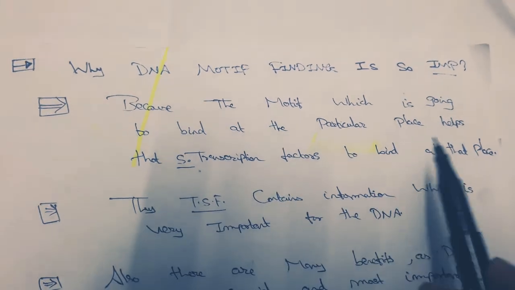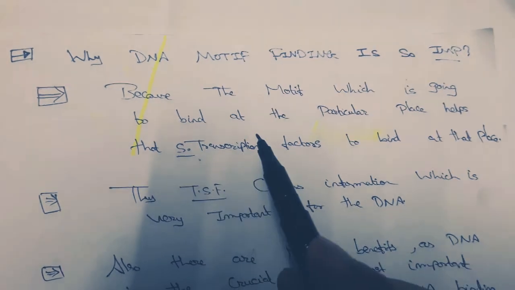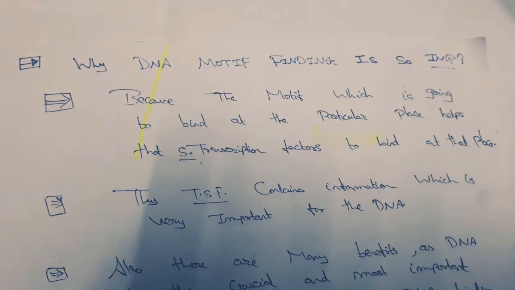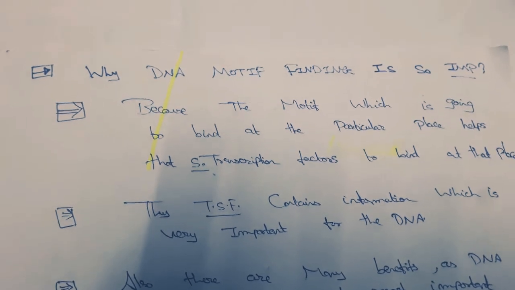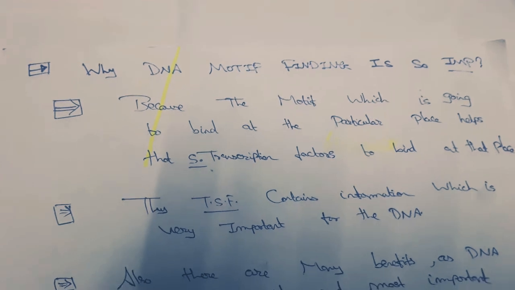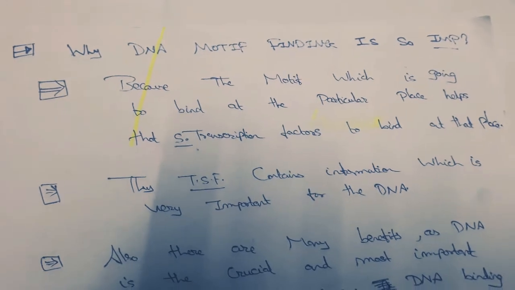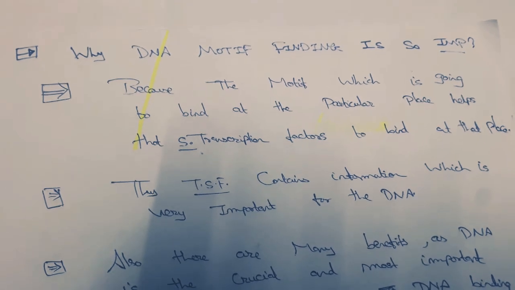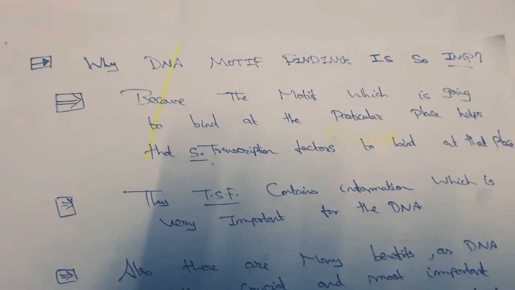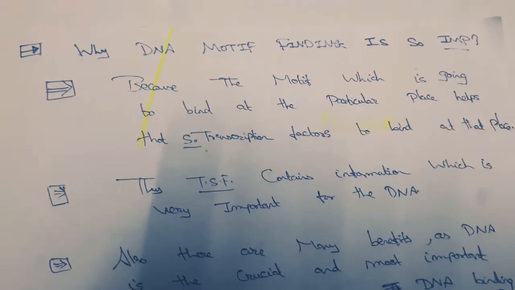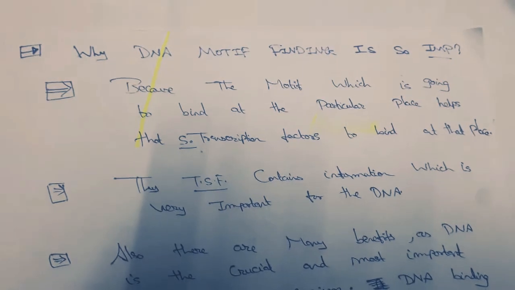The DNA motif binds at a particular place in DNA and helps special transcription factors to bind there. We all know that transcription factors contain information which is very crucial to DNA. So if DNA wants information, it wants transcription factors to bind. And if a transcription factor wants to bind, it wants the help of DNA. So the DNA motif is important.